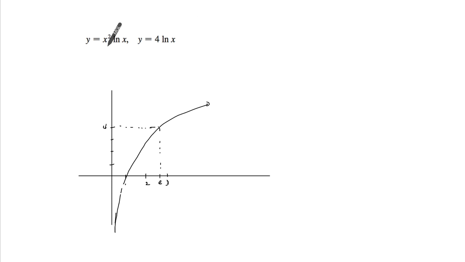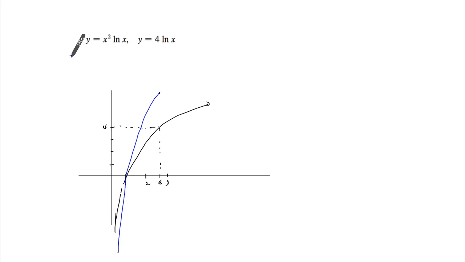That's this one: x squared times ln of x. So when it's e, it's going to be higher for this function. But when x equals 1, it's still 0. So from here we've got to go up higher, but here it'll be lower.